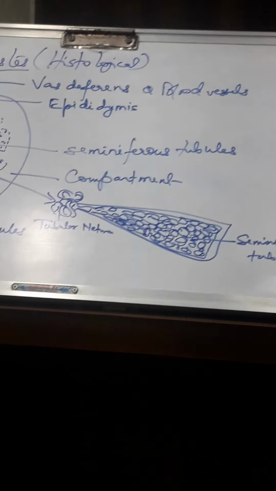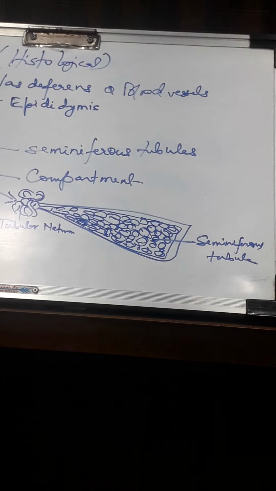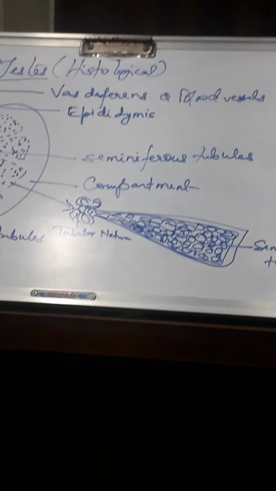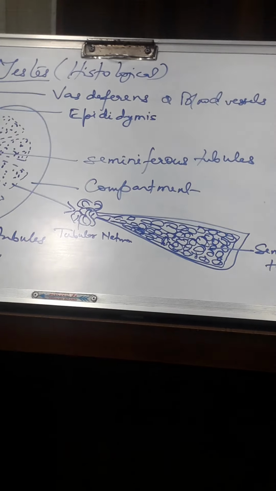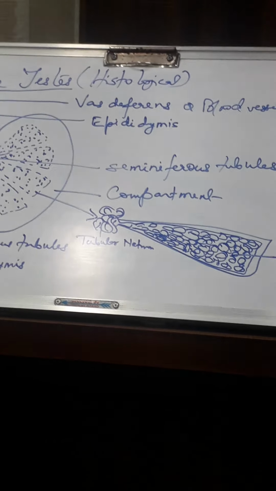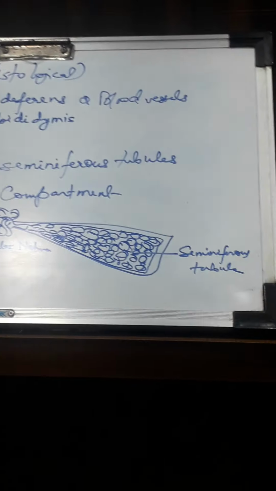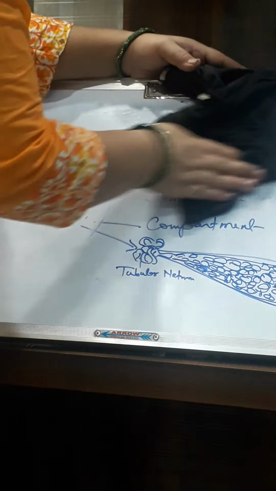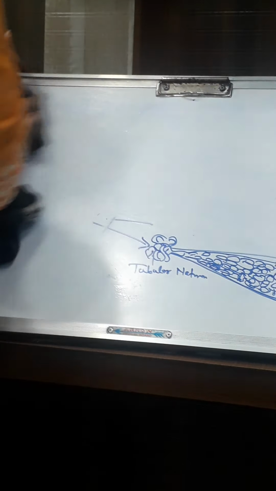Today we will draw the structure of the testis, and tomorrow we will go for the sperm and ejaculation. Diagrams are very important in this chapter, children.